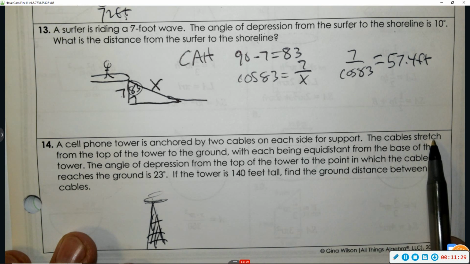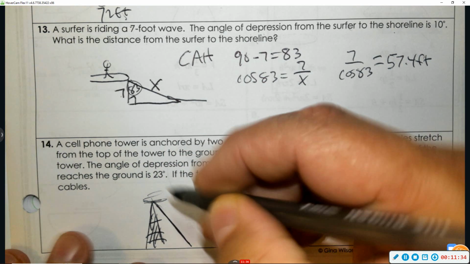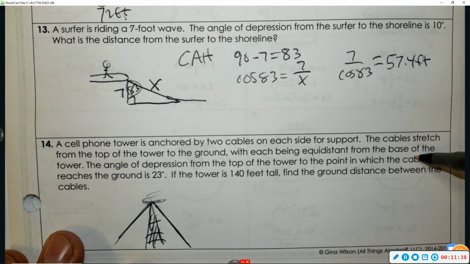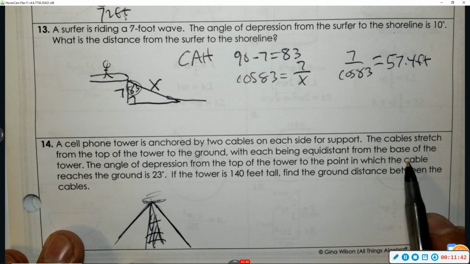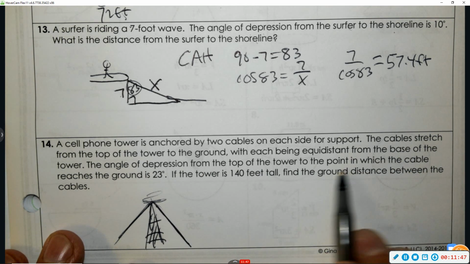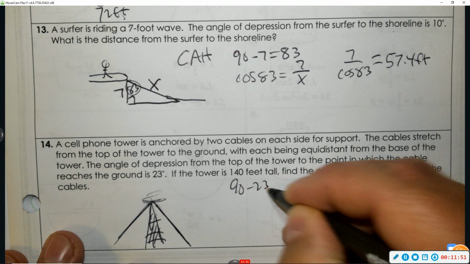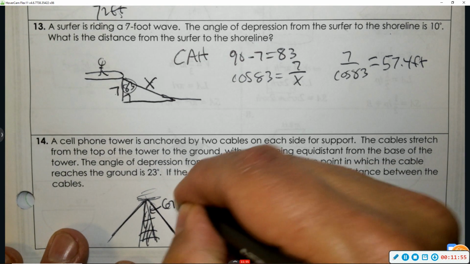The cables stretch from the top to the ground, with each being the same distance from the base. The angle of depression from the top of the tower to the point at which the cables reach is 23. So I'm going to go 90 subtract 23, and that's the angle inside for both sides.